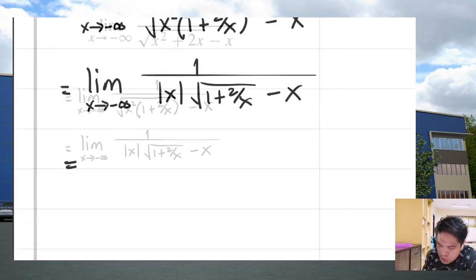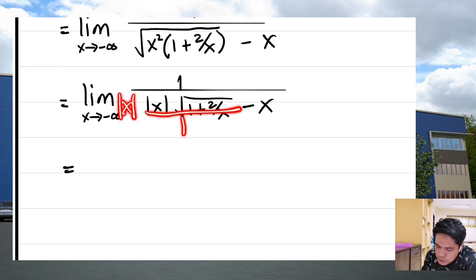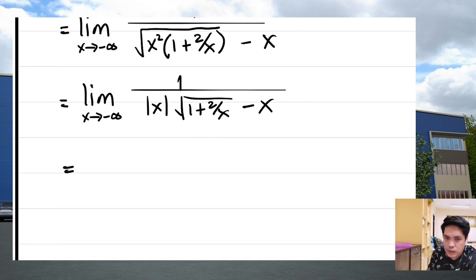Okay? So from here, we could factor out absolute value of x. Pwede no? So simply, we just divide this by absolute value of x, so mawala na siya, and this, we divide this by the absolute value of x. Diba? So, pwedeng ganun.